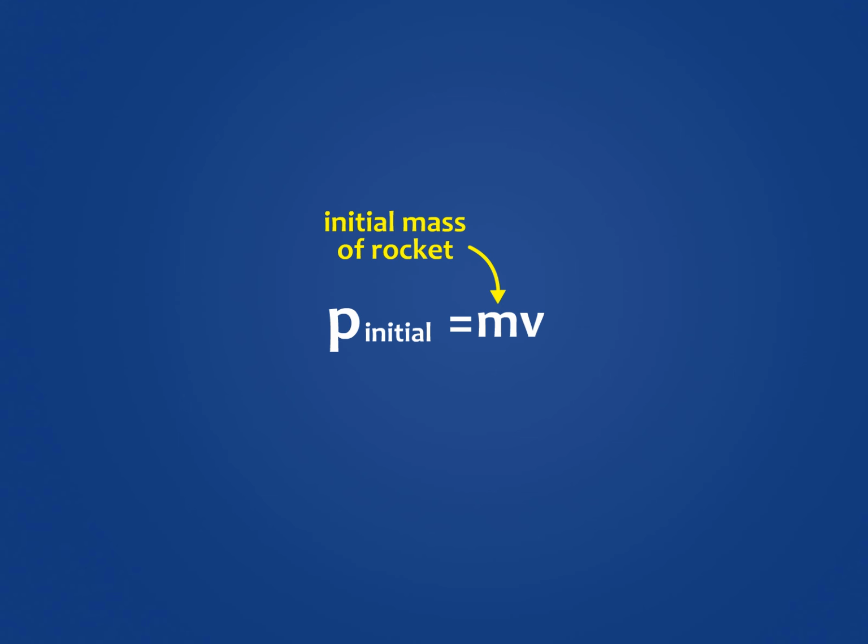The law of conservation of momentum states that the total amount of momentum of a system is constant provided that there is no external force acting on it. The initial momentum of the system, where the rocket has not ejected fuel yet, will be mv, where m is the mass of the rocket and the unburnt fuel, and v is the velocity of the rocket initially.